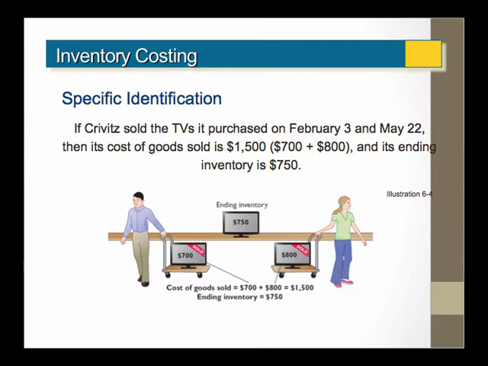Now this method works very well if we do not sell a lot of inventory, or if our inventory is a high dollar amount. Once we consider volume, the problem we run into with specific identification is that now we have to specifically identify the cost for a lot of different inventory items.